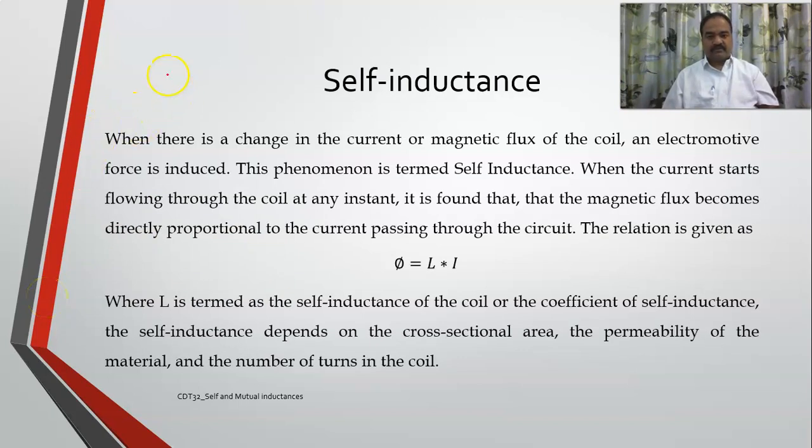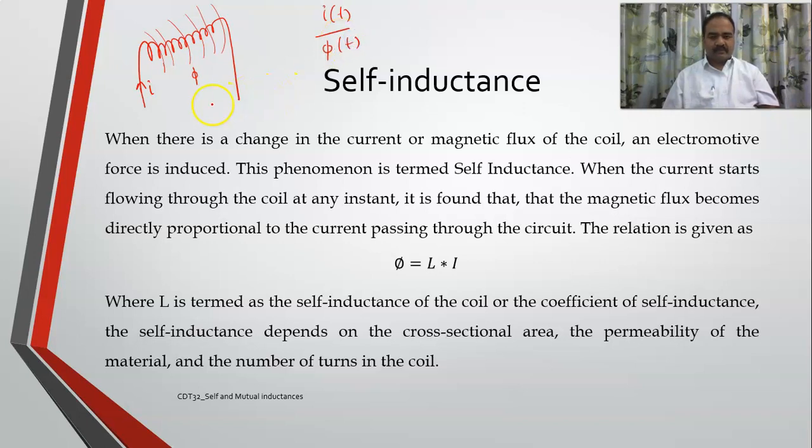Let us suppose there is a coil. When there is a change in current in it, whenever a current is flowing in it, you experience a magnetic field around it, isn't it? If I is a function of time, then phi also will be a function of time.